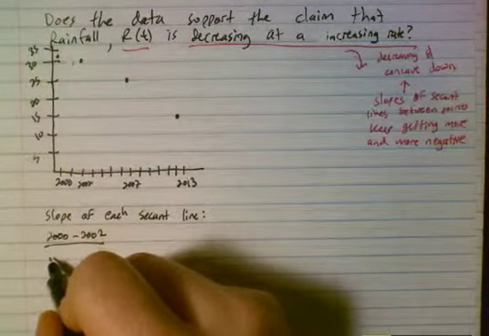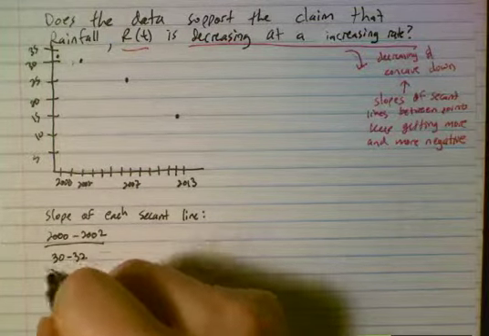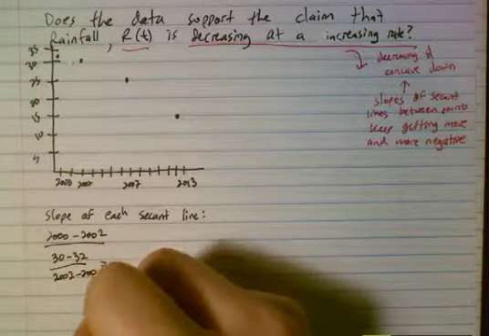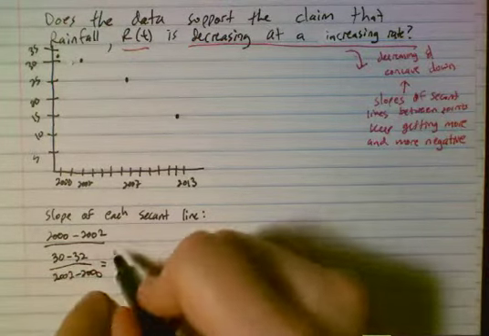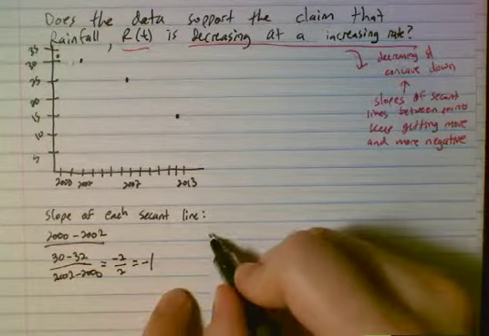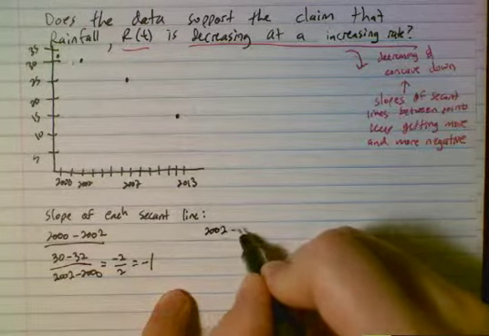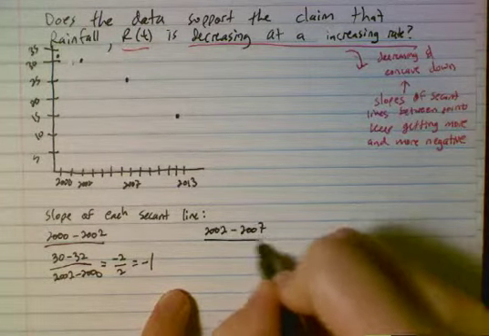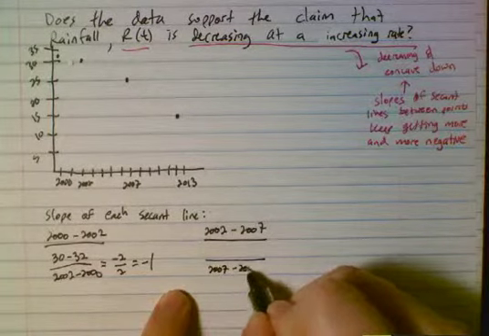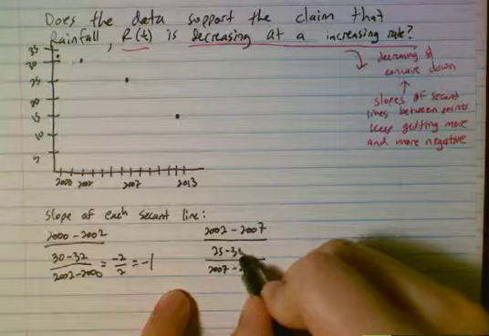So change in y over change in x. 30 minus 32 over 2002 minus 2000. Okay. And then 2002 to 2007. So we've got 2007 minus 2002 and 25 minus 30.